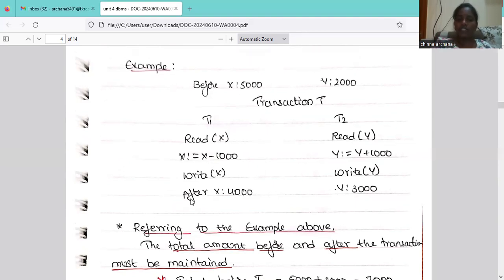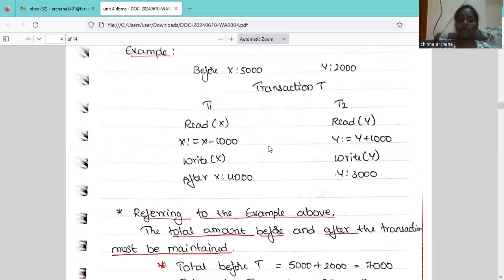During the transaction, these are the operations: we read the value, we do a computation on that account, and we write the value again. Same thing in task 2: we read the value, do the arithmetic operations on Y's account, and update the value of Y. After this transaction, these are the values: X has 4,000 rupees and Y has 3,000 rupees.